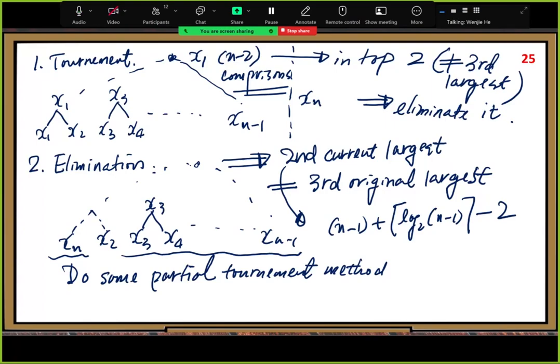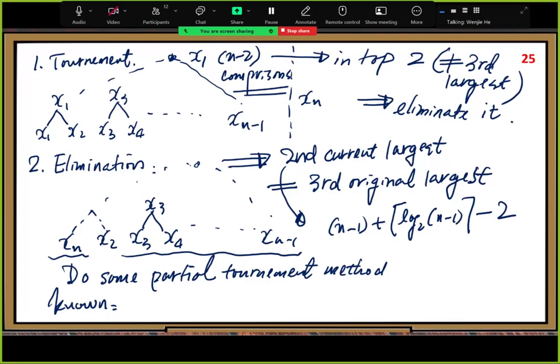So we need to know what the known comparisons are.